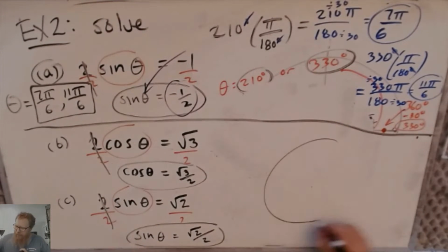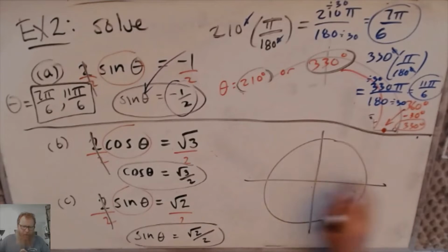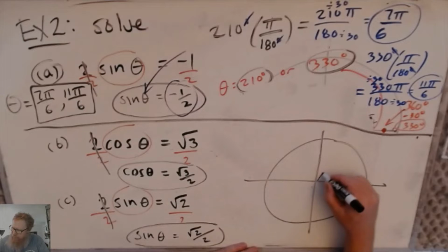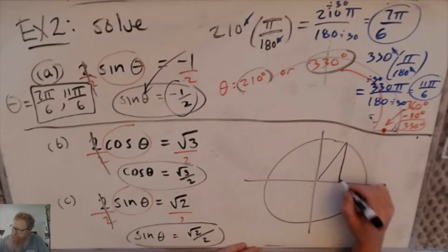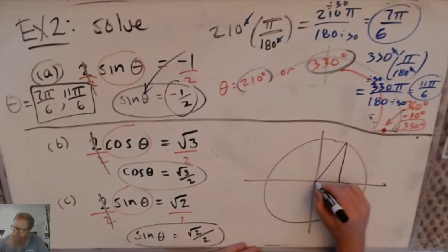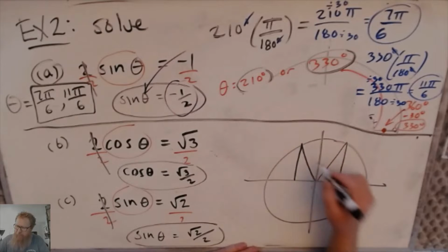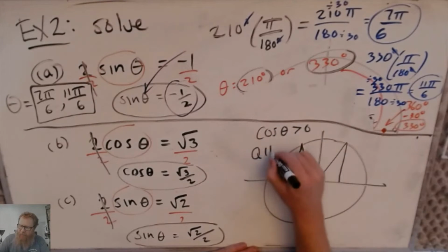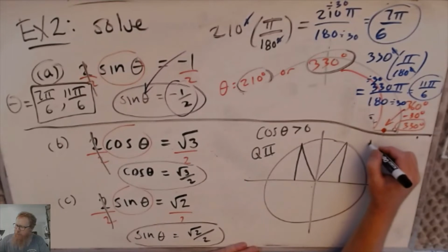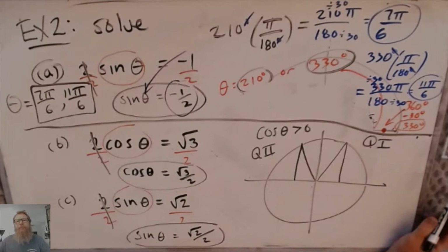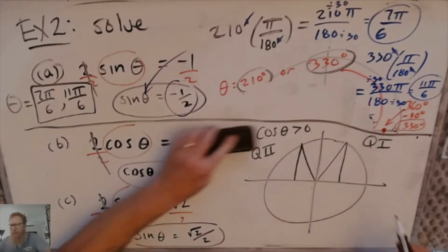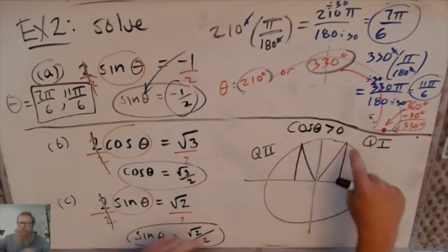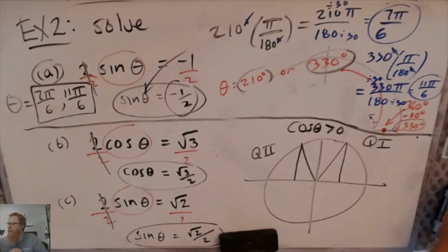So let's try another one. Hopefully you can just spot them right away. What angle has a cosine of radical 3 over 2? Remember, cosine of theta is positive in quadrant 2 and quadrant 1. So these are the two places where cosine is positive, both of these quadrants.